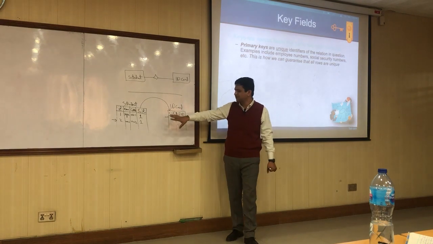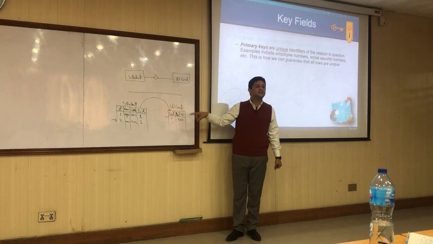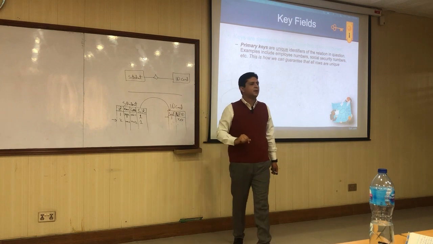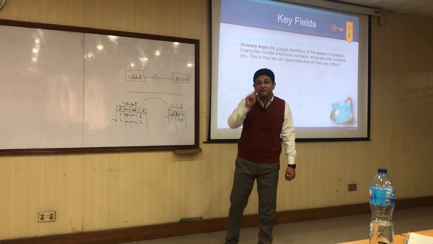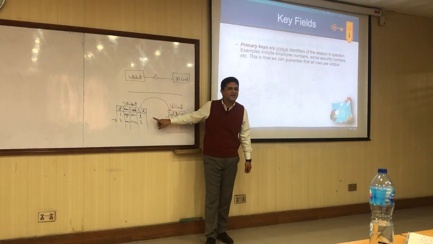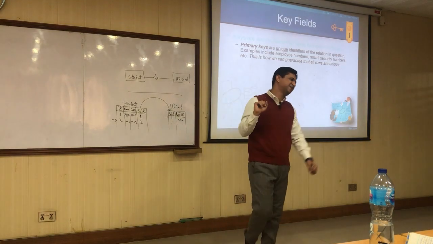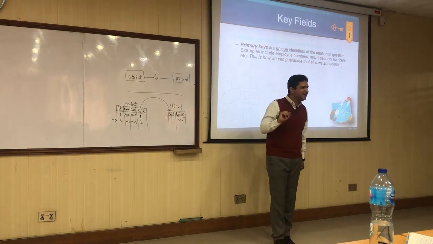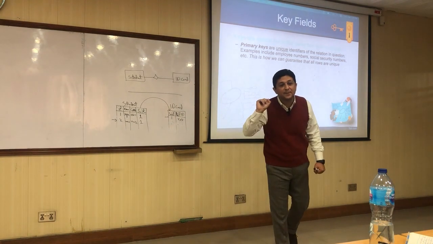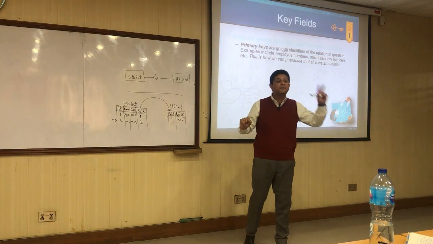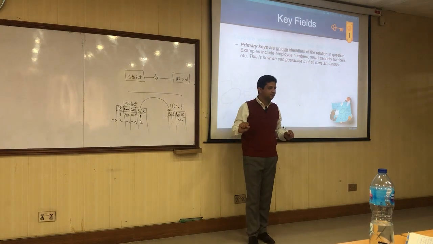So in this particular example, ID card is the parent relation, and the relation in which that foreign key is created is referred to as the dependent relation, not the child relation, sorry. So this is a parent-dependent relationship.